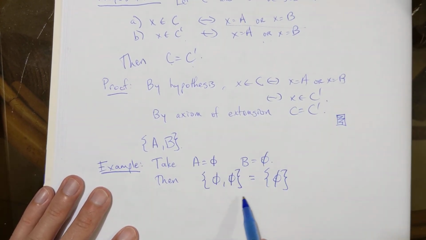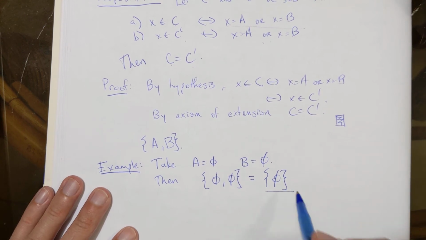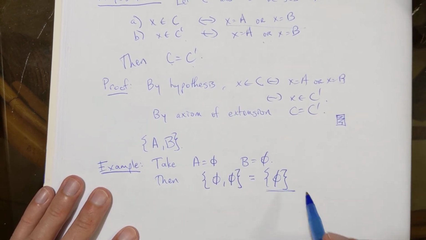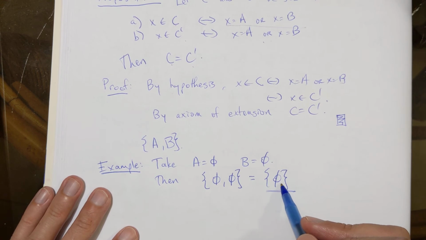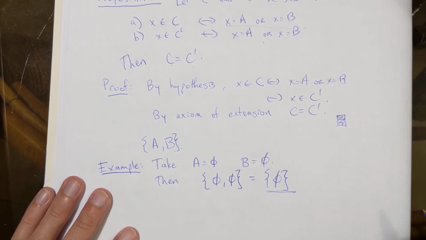So we get a set whose only element is the empty set. We write that like this. This is a set with one element. The element is the empty set.